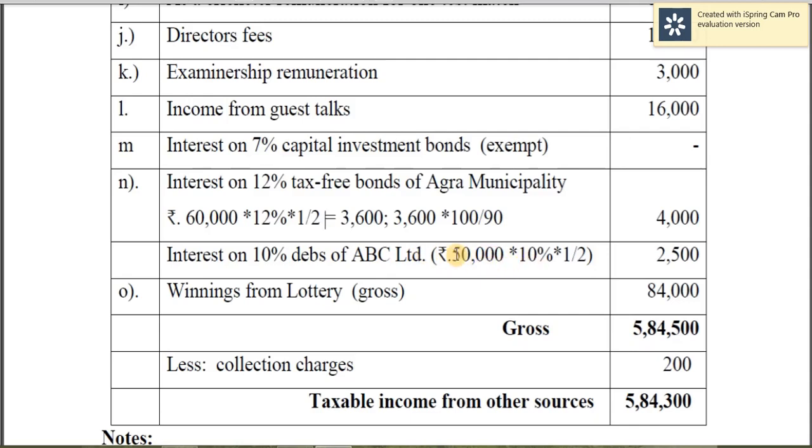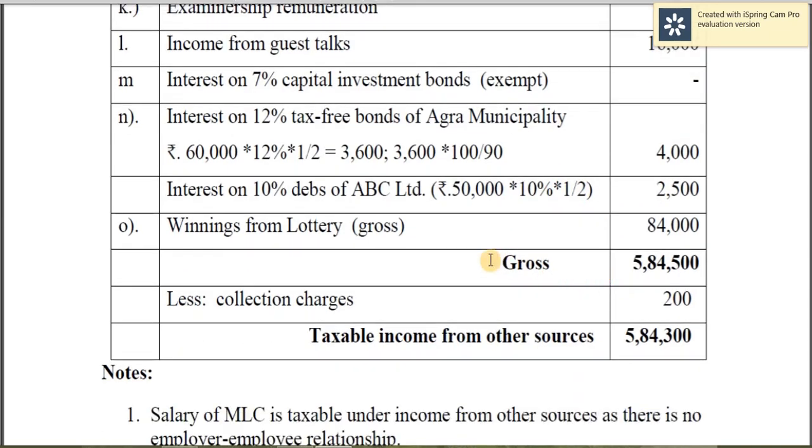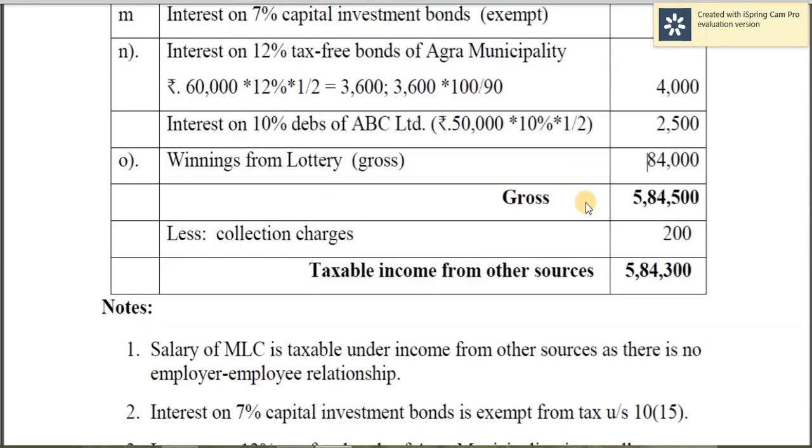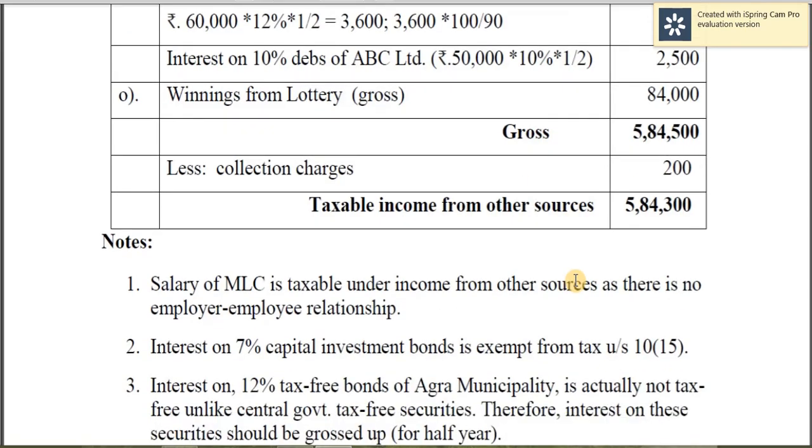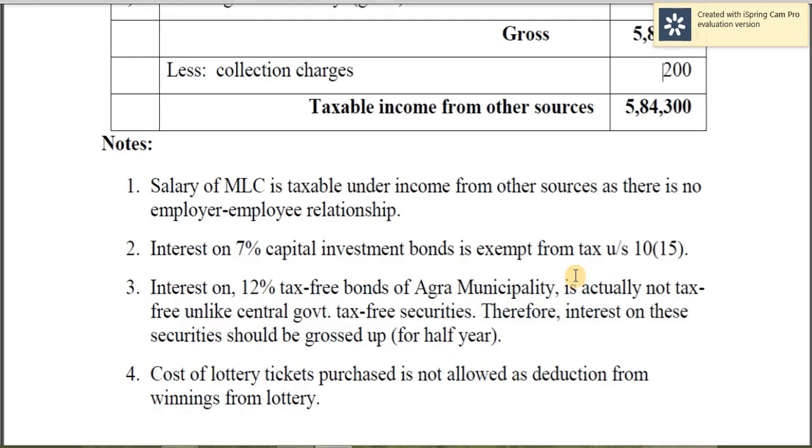And since you have purchased on 1st November, it should be calculated for half the year, so 2,500. Winning from lottery, yes, so 84,000, gross amount is given there. So total gross amount is 5,84,500. From that, deduct collection charges 200, so you are getting 5,84,300.